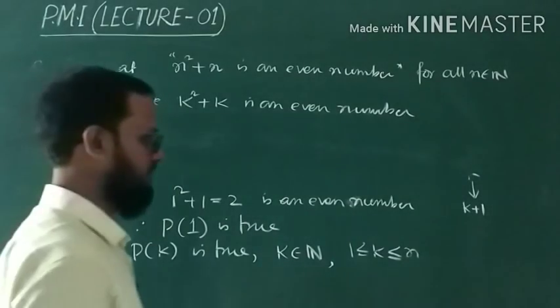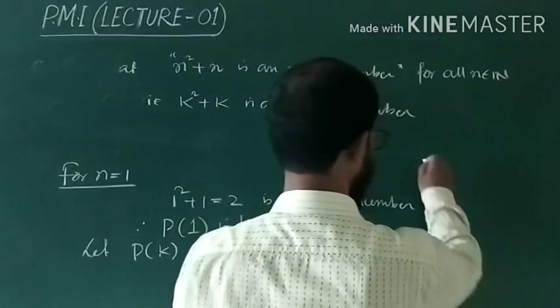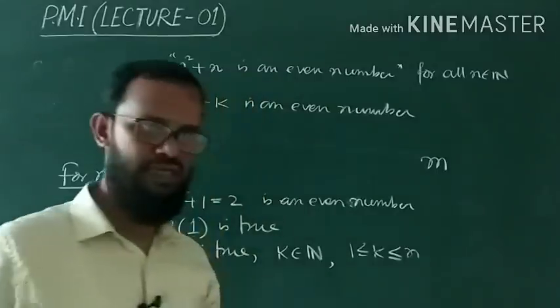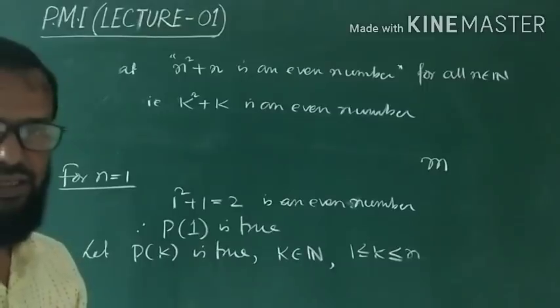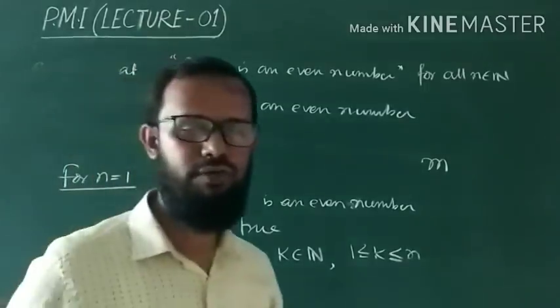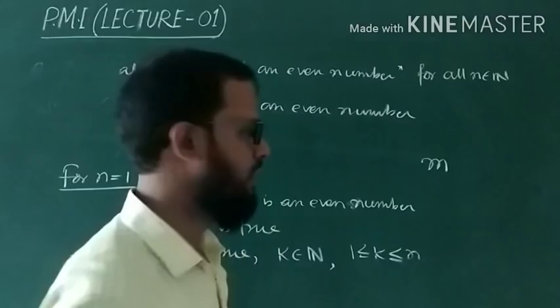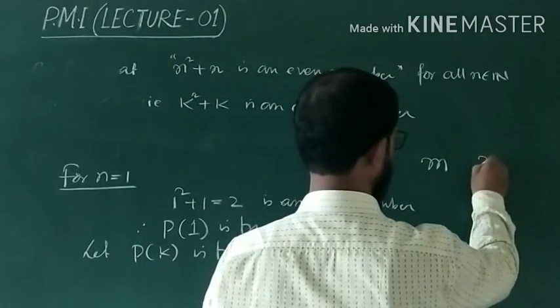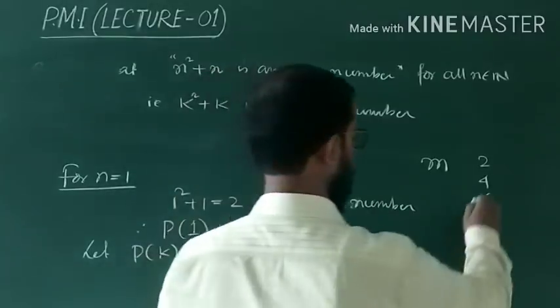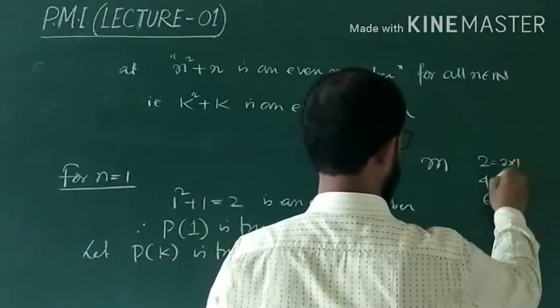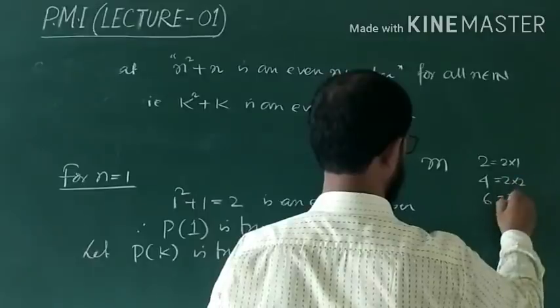Now k square plus k is an even number. If I say m is an even natural number, what do you understand? That means m is a multiple of 2. If m is an even number, m will be 2, 4, 6, 8. How can we write this? 2 into 1, 2 into 2, 2 into 3.